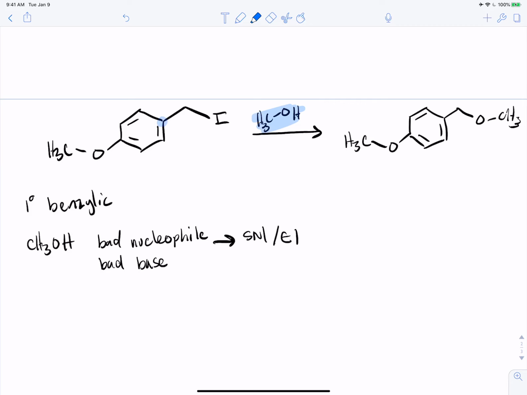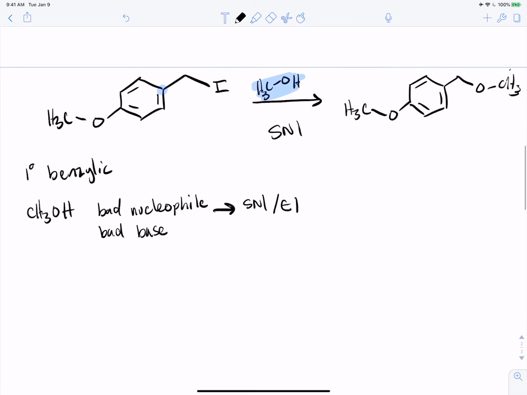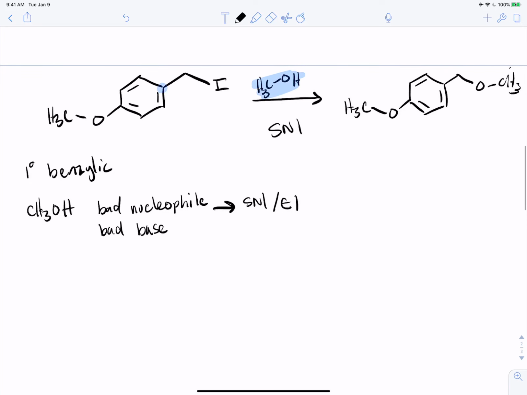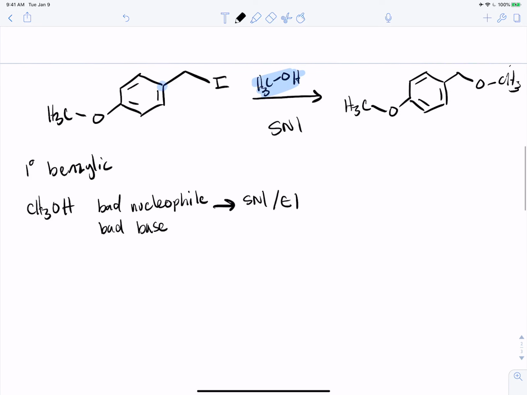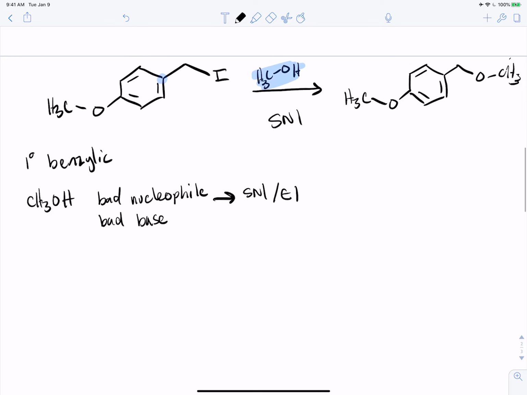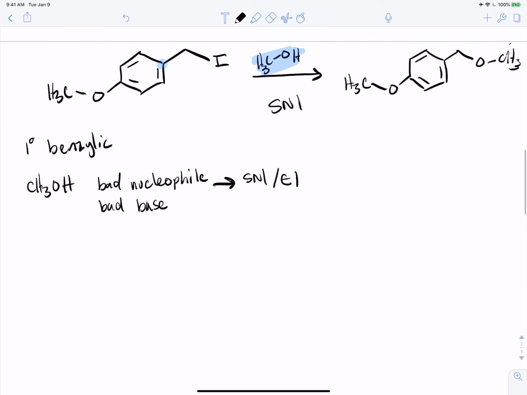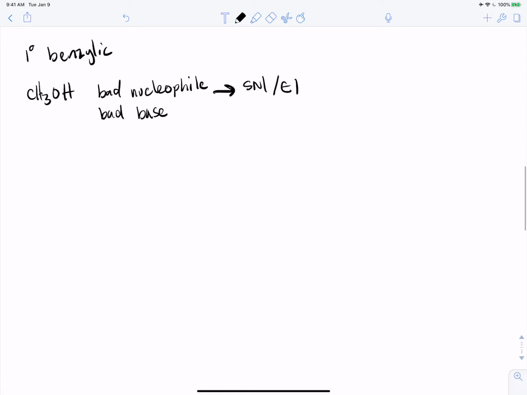This is where the beta hydrogens would have to be, and there just aren't any hydrogens on it, so we don't have to worry about that. So we just see SN1, and we just see this single product come out of it. If we had a good nucleophile or a strong base, we would see an SN2 reaction happen there, right? No E2, no elimination reactions because no beta hydrogens. Let's look at the next one.